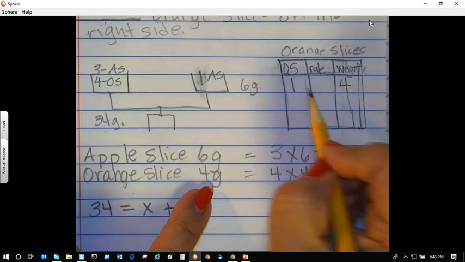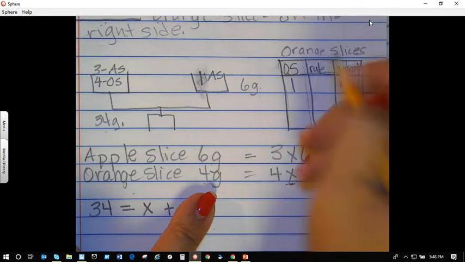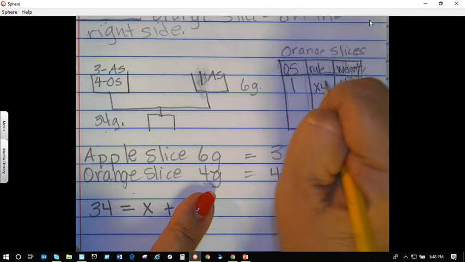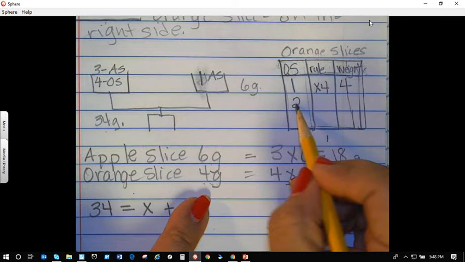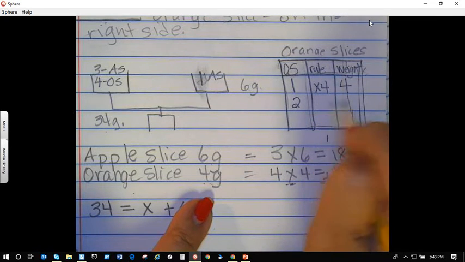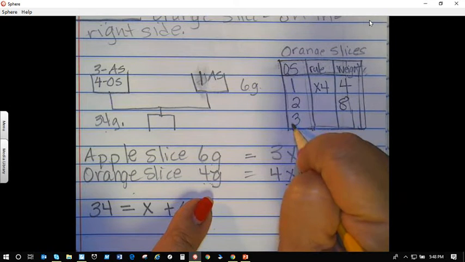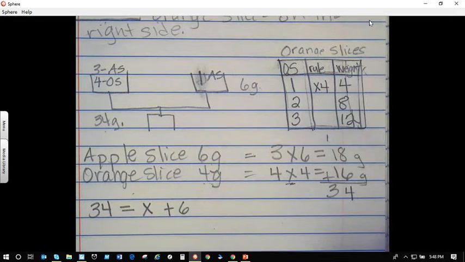What did I do to get from 1 to 4? You're right, I had to multiply. So I'm going to put times 4. So if there's 2 orange slices times 4, what is that? That's 8. Very good. If I have 3 times 4, that's 12. Can I keep going?